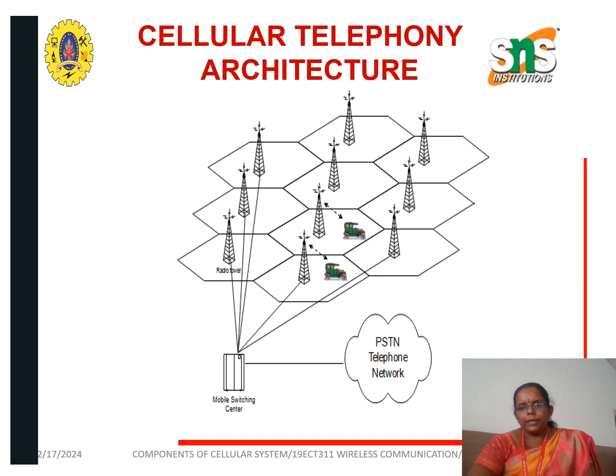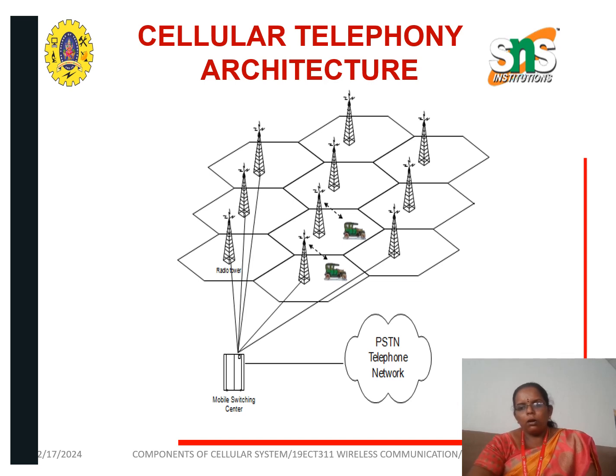A particular area will be divided into different hexagon-shaped cells. Each cell will have a base station, inside which you will have antennas for transmitting and receiving. The users within a particular cell will communicate with the corresponding base station. All the base stations are connected to the mobile switching center, which in turn is connected to the PSTN telephone network.